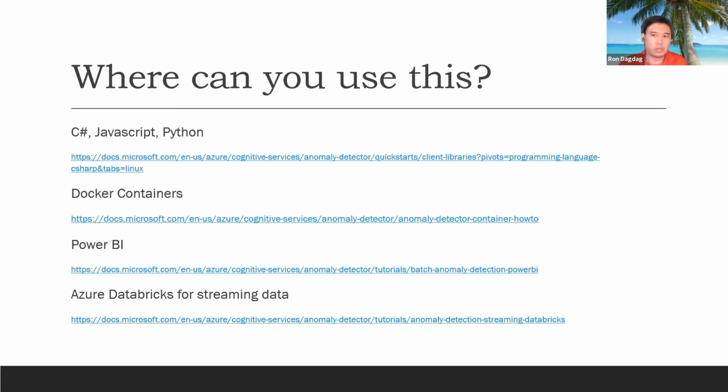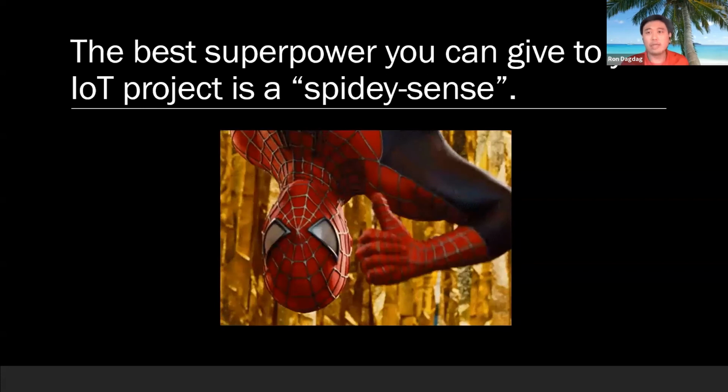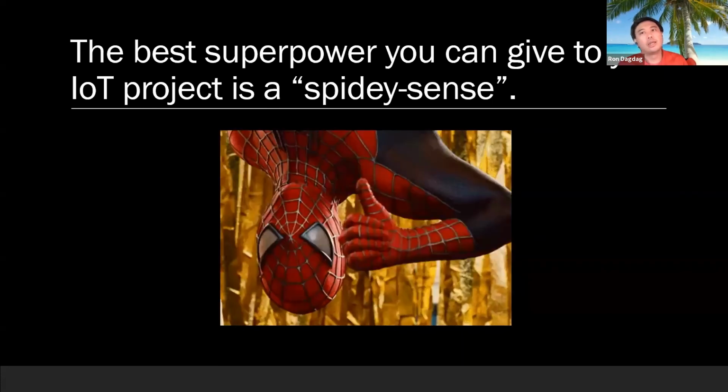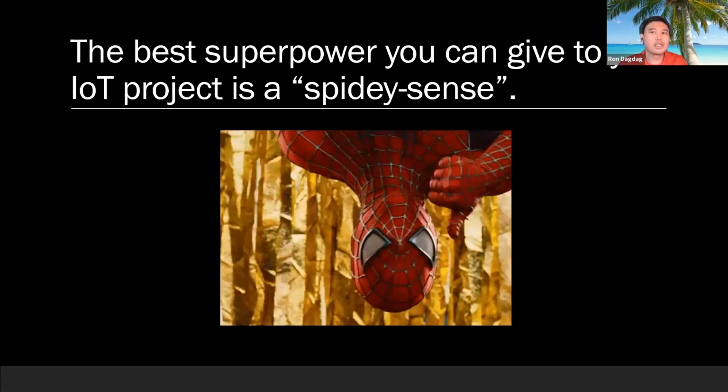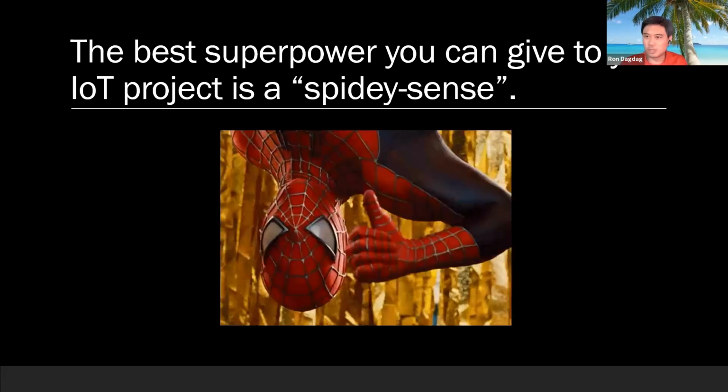And if you have streaming data through Azure Databricks, there's also a way you can call Anomaly Detector. So at the end of the day, the best superpower that you can give to your Internet of Things project is a Spidey Sense, which is anomaly detection.